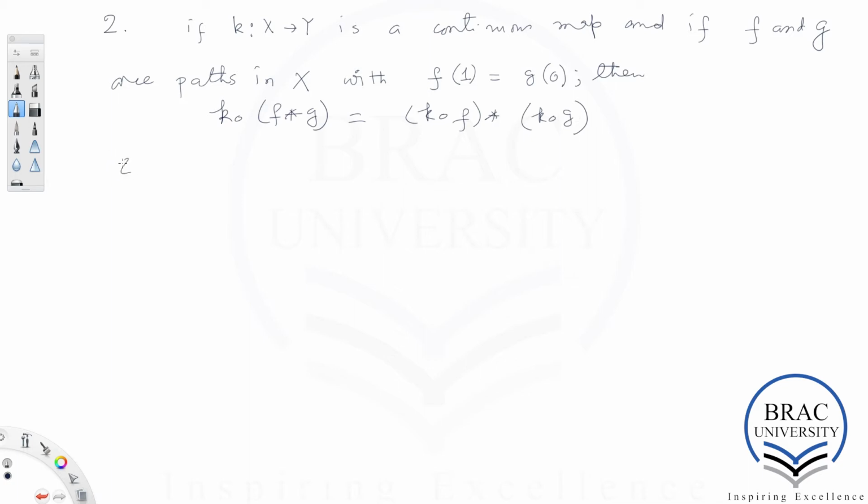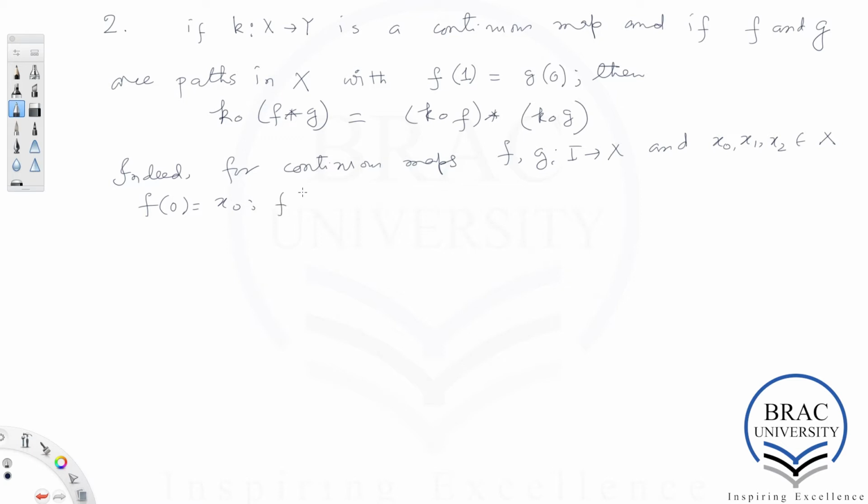Okay, so indeed, for continuous maps F, G from I to X. Since F and G are paths in X, and X0, X1, X2 in X, such that F of 0 is equal to X0, meaning that the initial point of the path F in X is X0.